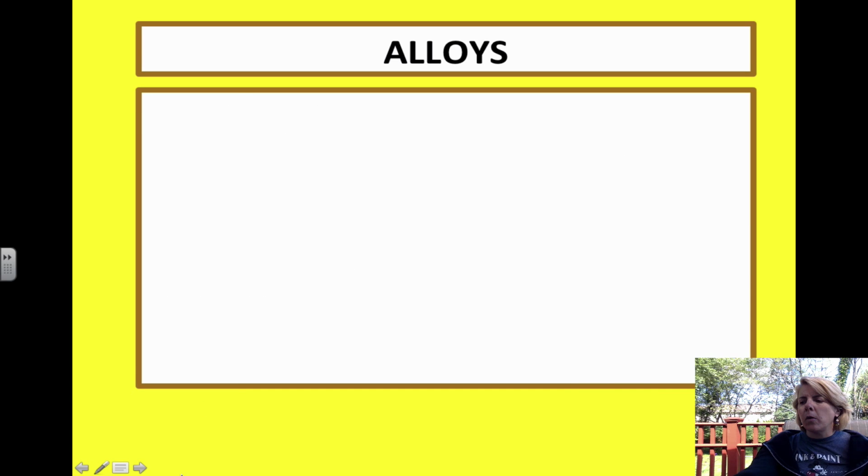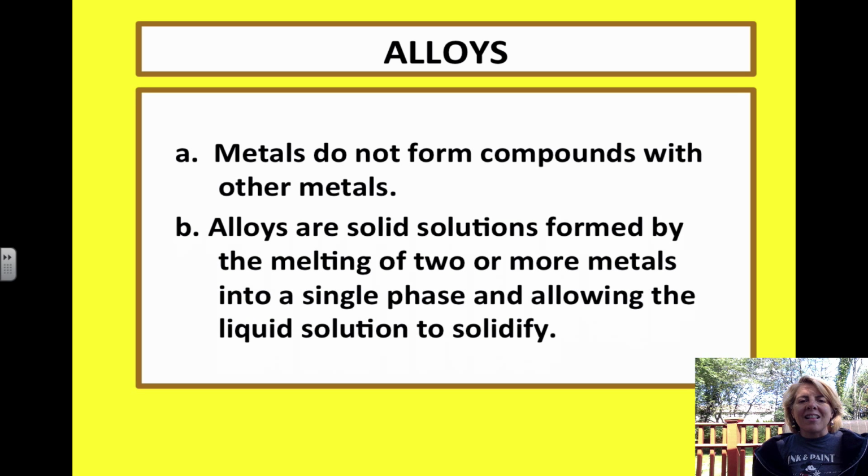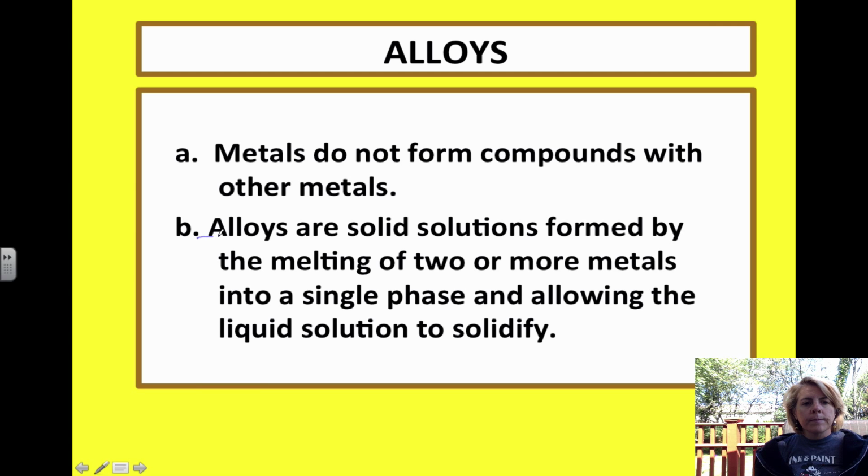Okay, alloys. In lab, hopefully you will make this, which is essentially a brass penny. Alloys are solid solutions. Whenever you buy a piece of jewelry, you're probably buying an alloy.